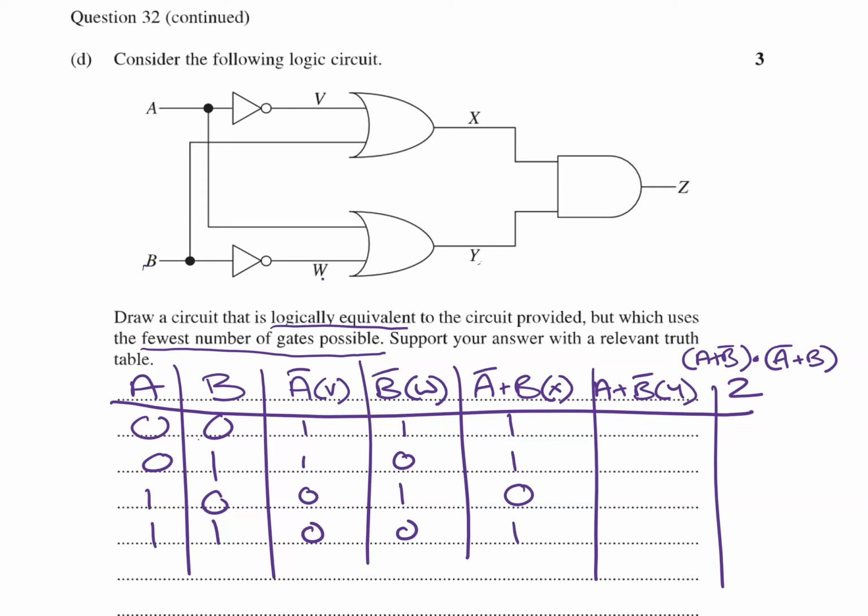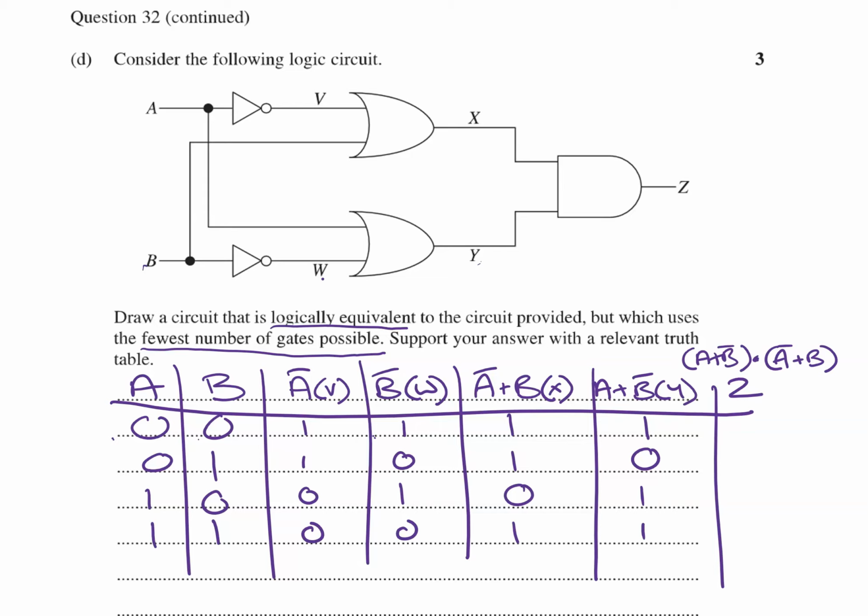Now let's look at A and not B, which is this one and this one. So 0, 1 gives us a 1, 0, 0 gives us a 0, 1, any of the ones give us a 1. So that's what it looks like. And now we're ANDing together those two columns to find our output.